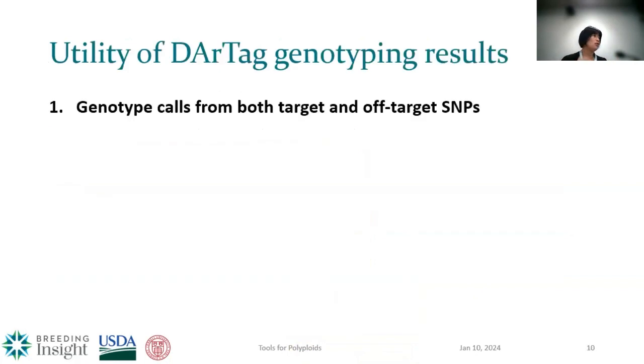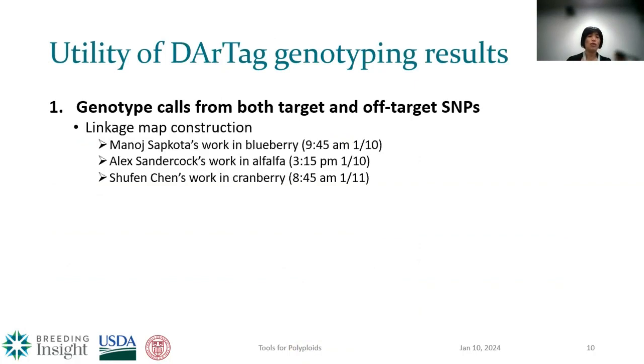So how do we use the DArTag genotyping results? We have successfully done this in many species. First, you can use the genotype calls from both the target and off-target SNPs. We have built many linkage maps.